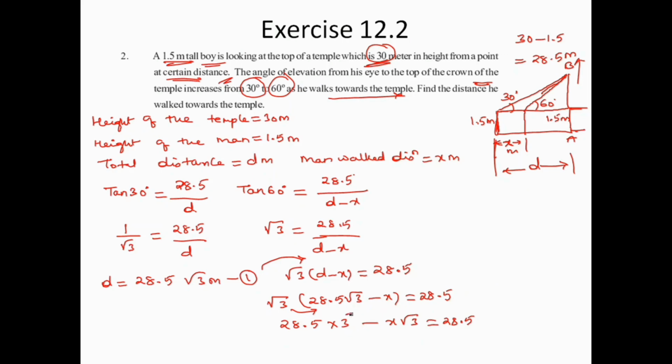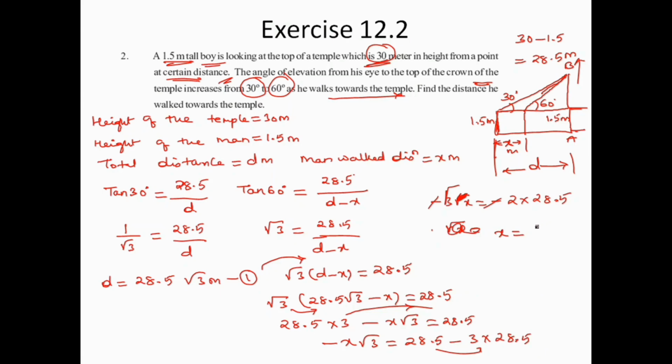What I'm doing is I'm shifting this one to the other side. When it is shifting to the other side, at the left hand side we are left with x root 3 equal to 85.5 minus 28.5. So x is equal to, when I do these two, I will be having only 57 left out divided by root 3.